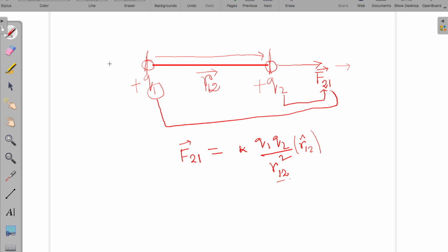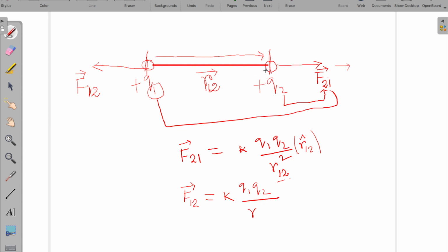Similarly, if we calculate the force experienced by the charge Q1 due to charge Q2, in that case what can we write? The force experienced by Q1, so I will write 1 first, due to charge 2. So F12, the force experienced by the charge Q1 due to charge Q2, can be written as K Q1 Q2 divided by R. Now what will be the distance?